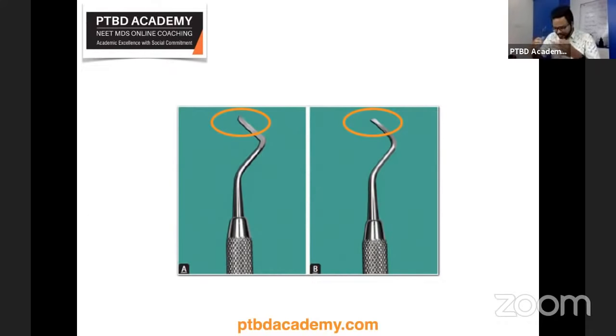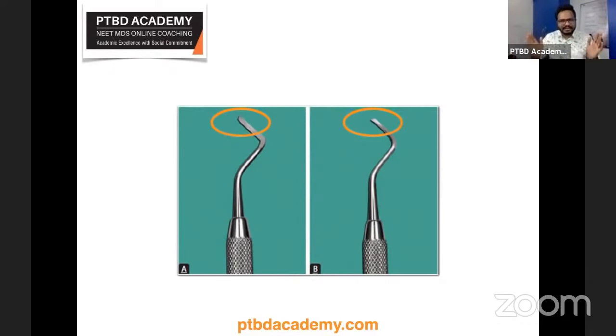If you have them with you live, then you can adapt them and identify them. That's even easier. That's how we practice during post-graduation. But by observing these images, observe the working portion, the cutting tip. If it is away from the long axis, as in the left illustration, then it is distal.